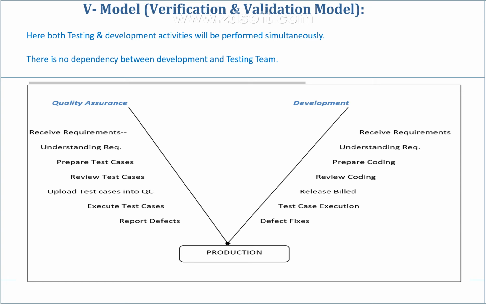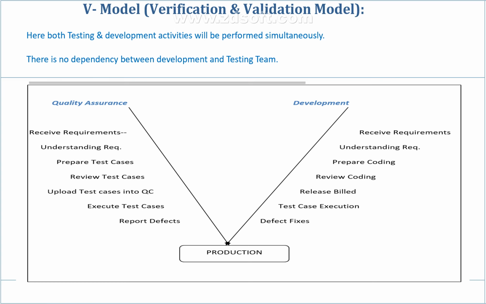Developers fix the defects and give them back to the testers. The testers need to test that particular fix also. If there is anything missing in that functionality, or anything else is affected because of that fix, everything should be taken care of by testing.